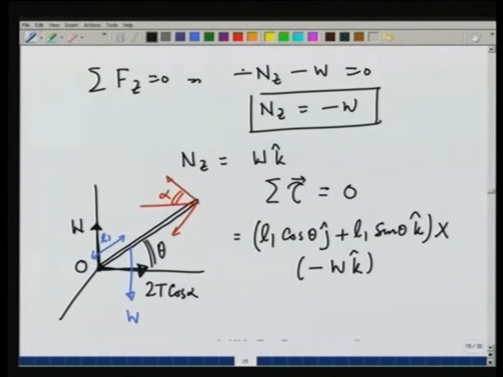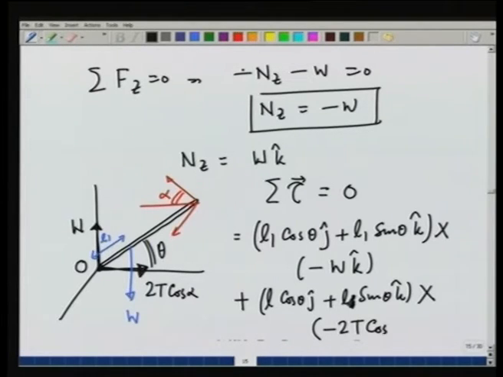The other forces are tensions. So, that would be plus L cosine of theta j plus L sine of theta k cross. Since the two forces are acting at the same point, I can write the torque for their summation, which would be equal to minus 2T cosine of alpha j, and this should be equal to 0.